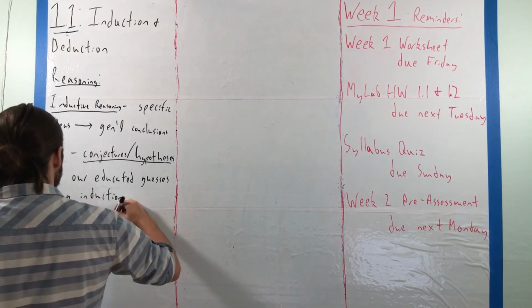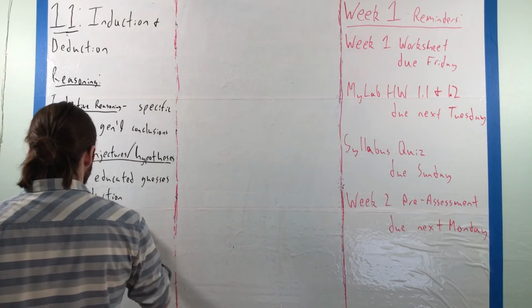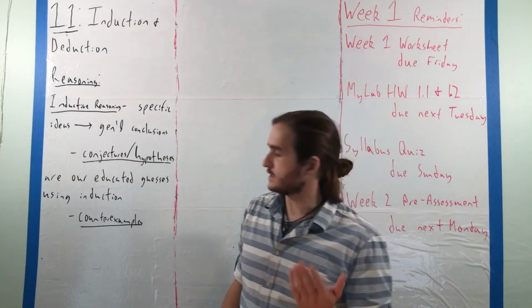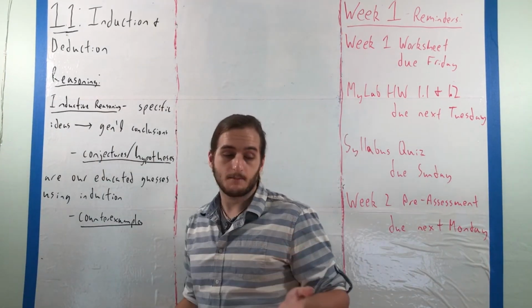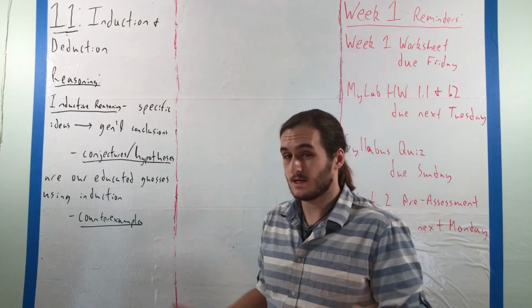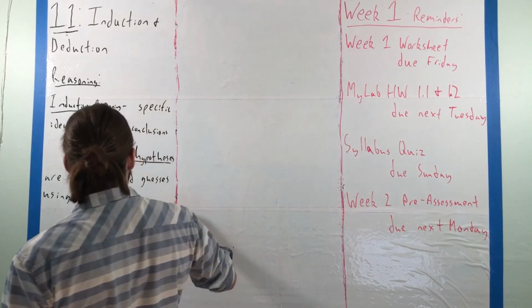Counterexamples are situations where what we think is not true, where what we expect doesn't happen. They're situations, single cases really, you don't need that many, where the conjecture isn't true.